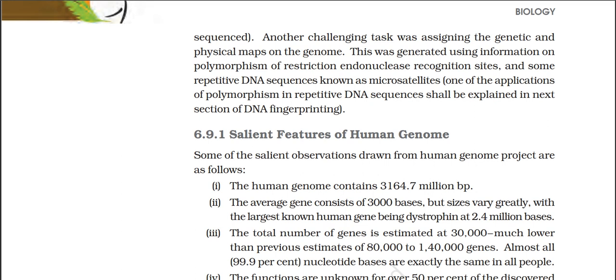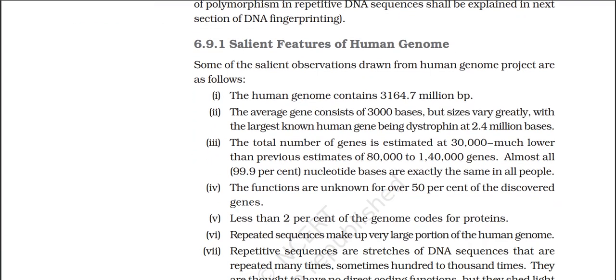The total number of genes is estimated at 30,000, much lower than previous estimates of 80,000 to 1,40,000 genes. Almost all, 99.9%, nucleotide bases are exactly the same in all people. 4. The functions are unknown for over 50% of the discovered genes.